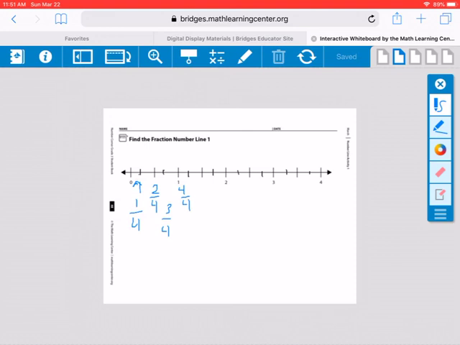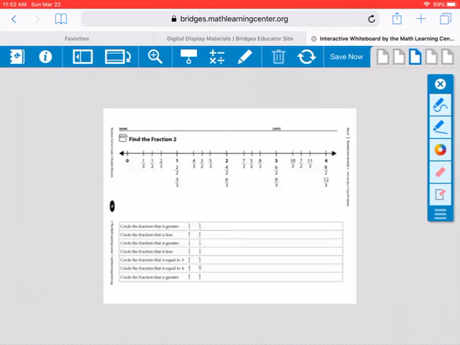So this would be 5/4, 6/4, 7/4, 8/4, 9/4, 10/4, 11/4, 12/4, 13, 14, 15, 16/4.